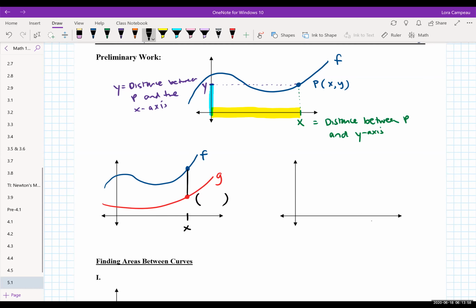So if you want to name the points, x comma something, the other one, x comma something else. So they both have the same x value. What is different is the 2 y values. One of them is higher than the other. So the point on F, I'll call that y2. And the point on G, I'll call that y1, just to signify that they're different values.